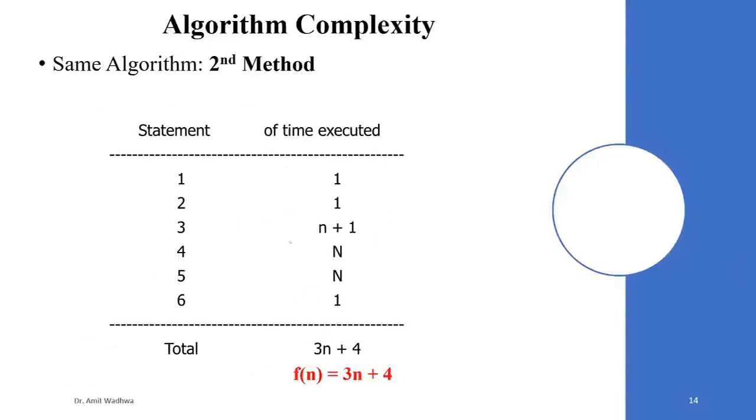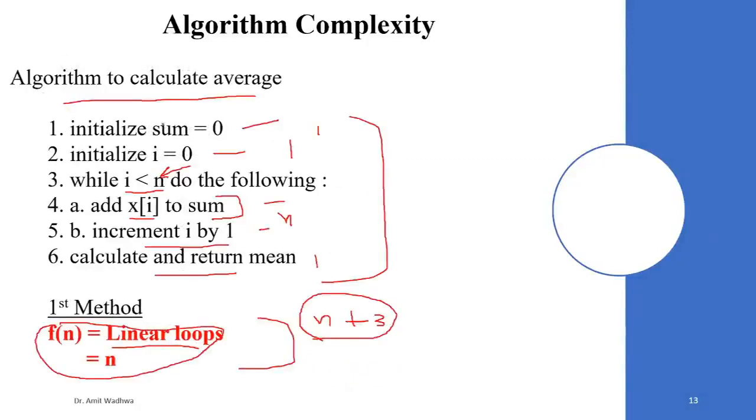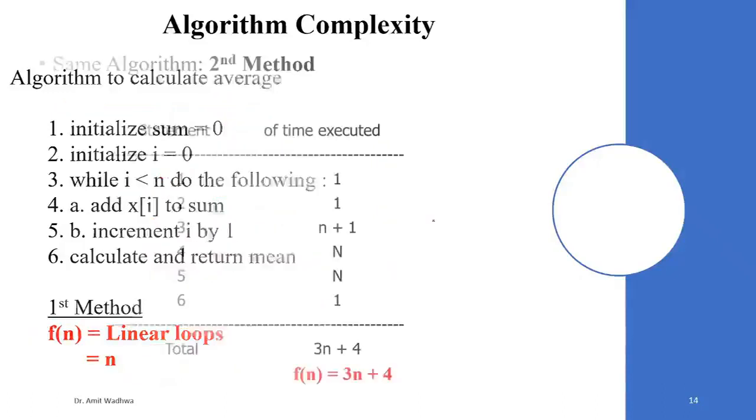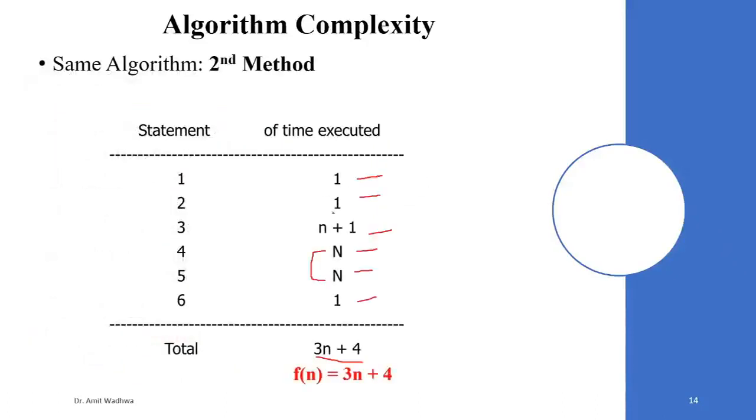There is another method by which we can calculate the running time, which we have already discussed. 1 plus 1 plus n plus 1 plus n plus n, which should be a small case, means the same thing, and this is 1. So total time will be 3n plus 4. Like in the previous case, this is 1, this is 1, so the first two statements are referred to as 1, 1, 2.